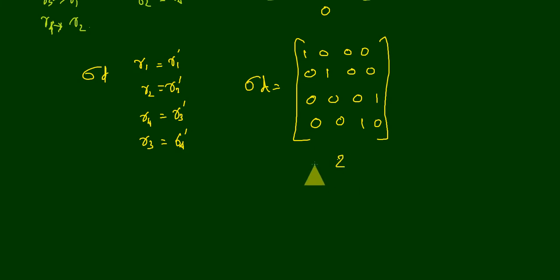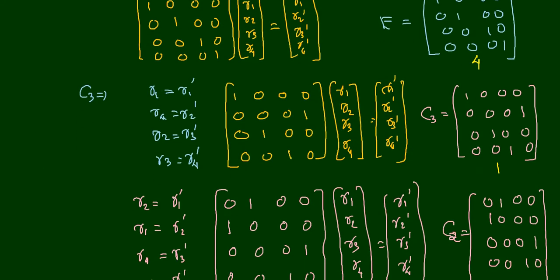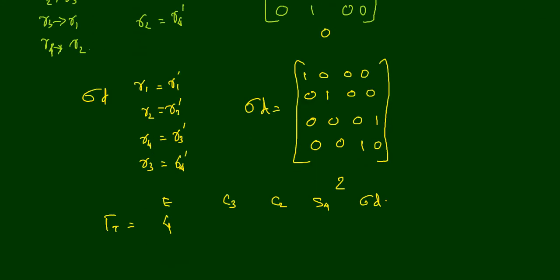Okay, see what total character we have obtained here. The total character corresponding to E is 4, and that corresponding to C3 is 1.